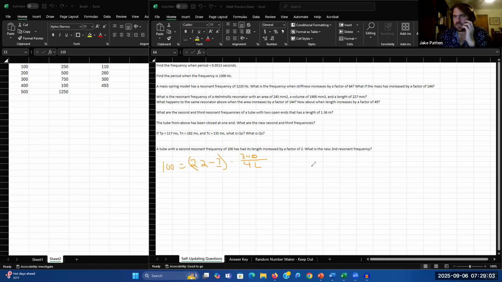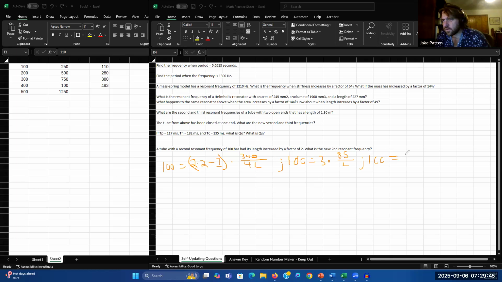This is going to be 3. I think 85 is what this becomes: 85 over L. And then you can multiply 85 by 3 to get 255.